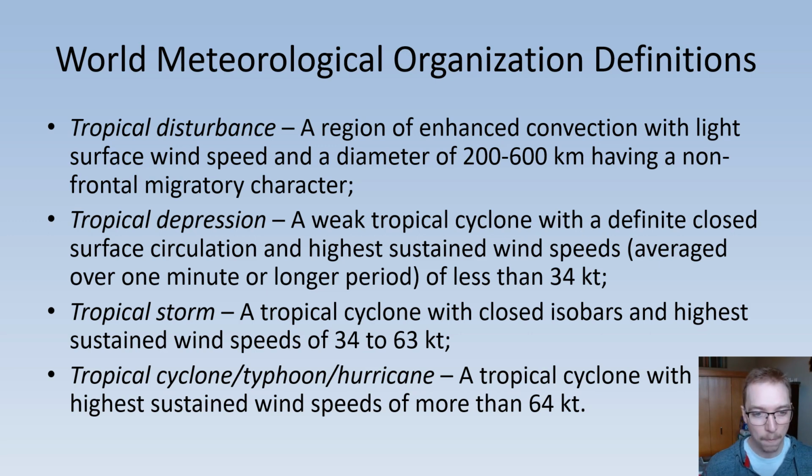Tropical storms, a tropical cyclone with closed isobars and highest sustained wind speeds between 34 and 63 knots, and a tropical cyclone, typhoon, hurricane, a tropical cyclone with highest sustained wind speeds of more than 64 knots. So we're getting into some pretty intense wind speeds at that point.